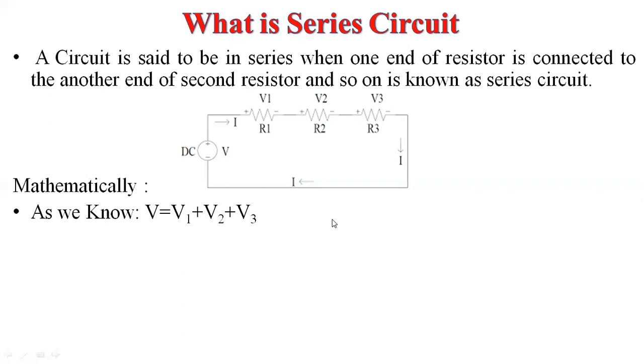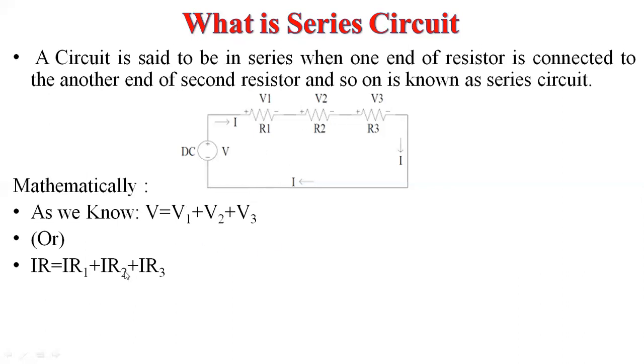So by Ohm's law, as we know, voltage V is equal to IR. Here IR is the drop. So V1 is the voltage drop across resistance R1. So by Ohm's law, it is IR1. IR1 is the voltage drop across resistance R1.